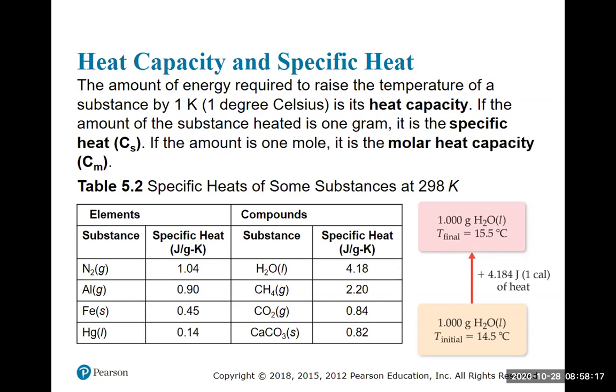So if you're given specific heat on a gram basis, you may be asked to change it to the molar one or vice versa. So make sure you're clear on how to do that. And make sure you know the difference between these three terms.